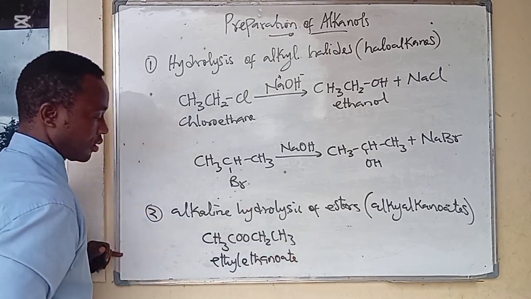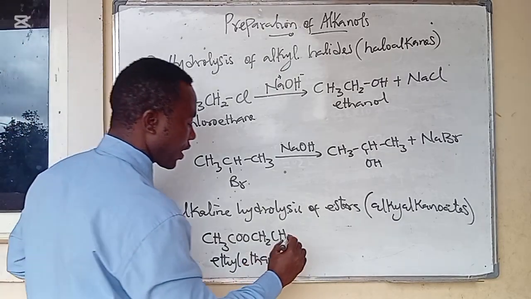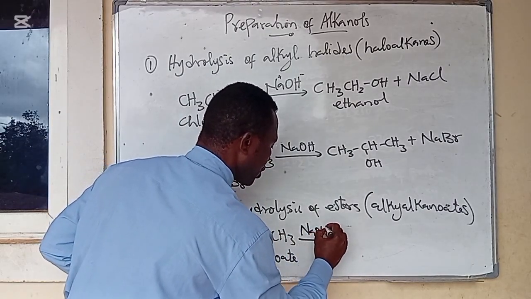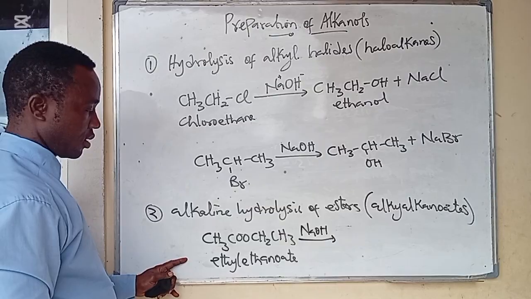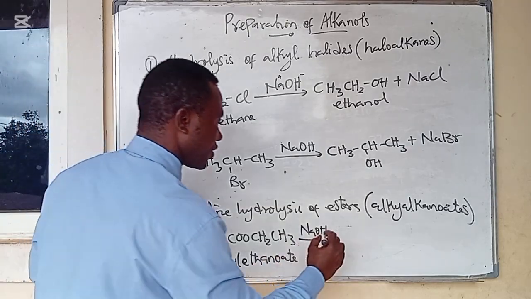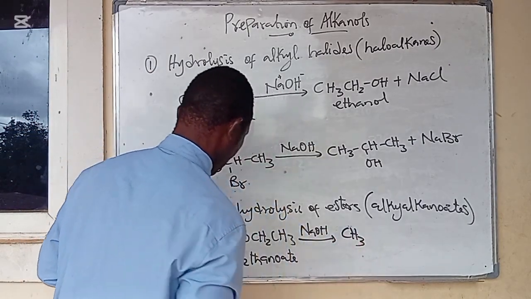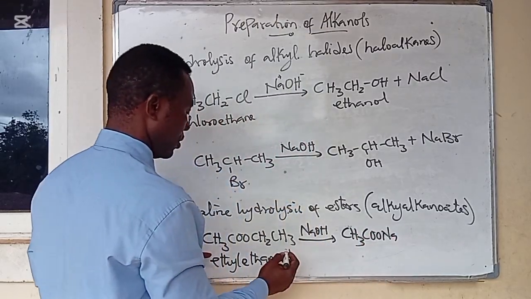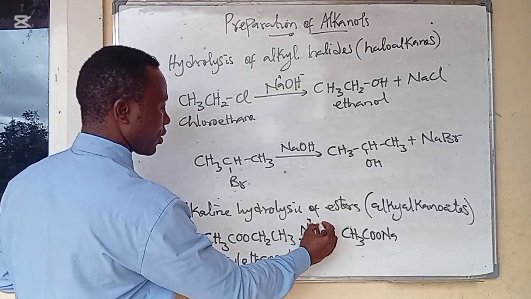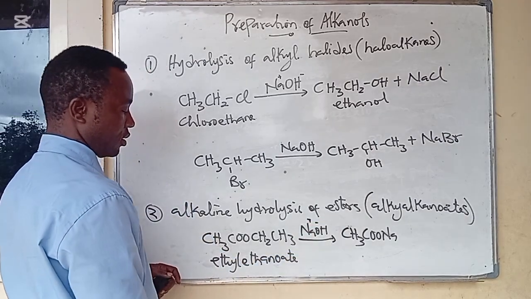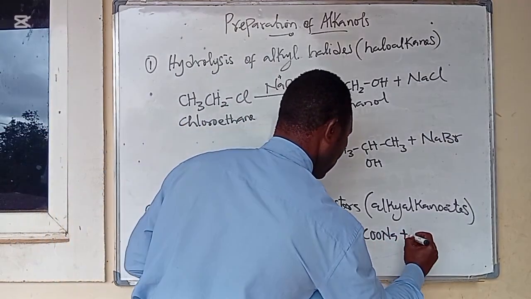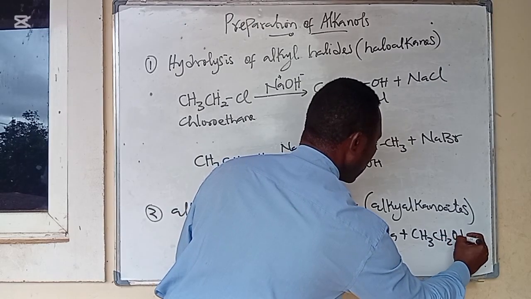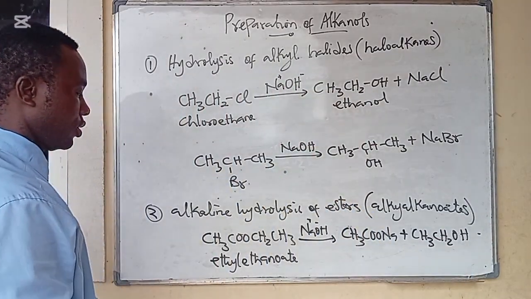Ethyl ethanoate. When we hydrolyze it with a base, NaOH, we'll be having CH3, COO-Na+, plus CH3, CH2, OH.